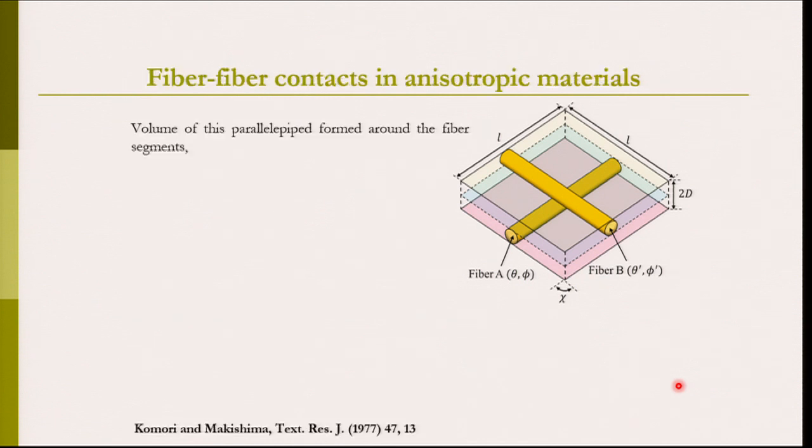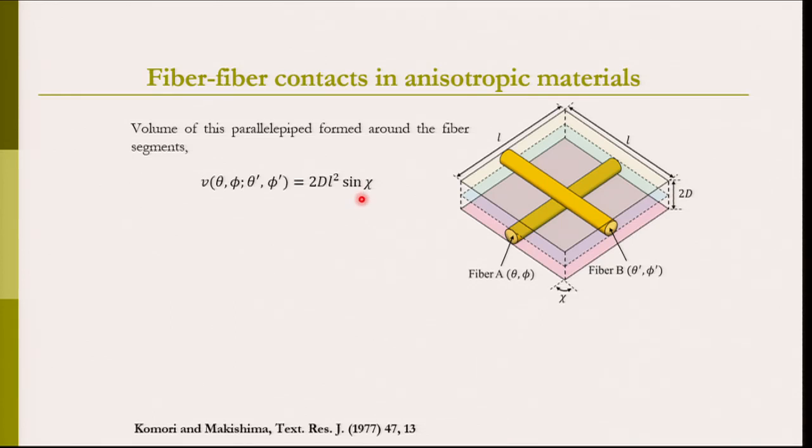The fiber to fiber contacts in anisotropic material would be formed by means of a parallelepiped. So, if we know the volume of the parallelepiped, in this case 2d is the thickness or the height of the parallelepiped, and L is the fiber length segment which is involved in forming the parallelepiped, and chi is the angle between the axes of these two fibers.